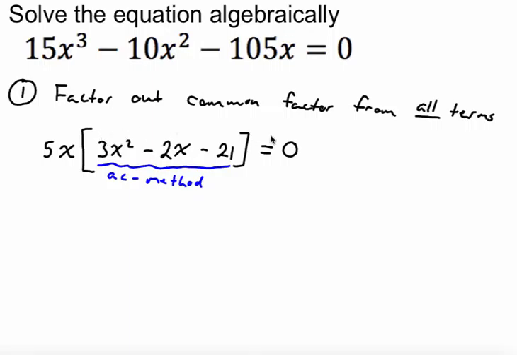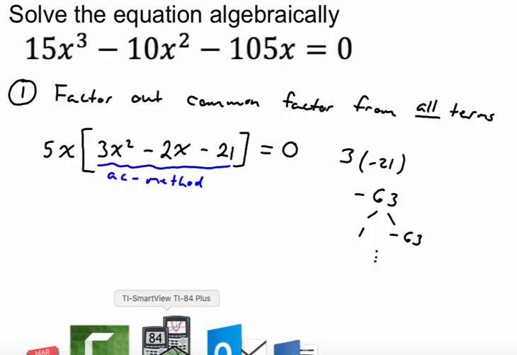So I need to multiply the 3 times the negative 21. 3 times negative 21, so that is negative 63. I'm looking for factors of negative 63 that sum to negative 2. So I can do 1 and negative 63, and I can keep generating the lists, but remember, my calculator is particularly good at finding these lists.